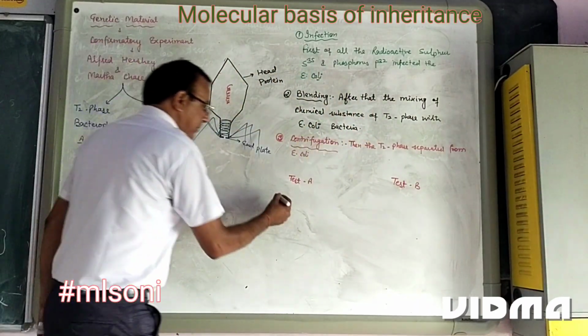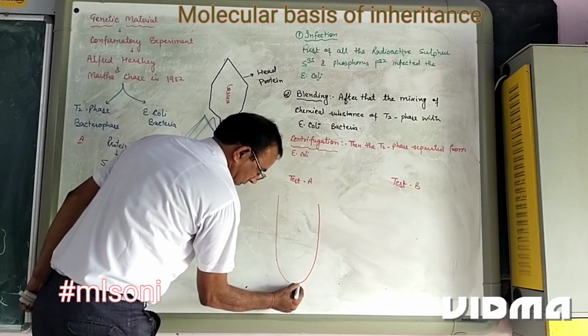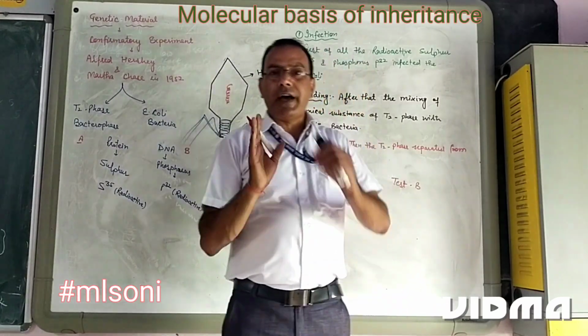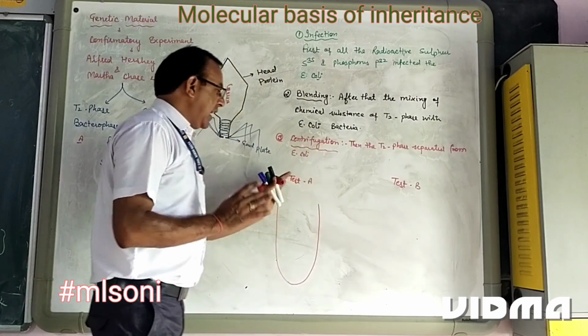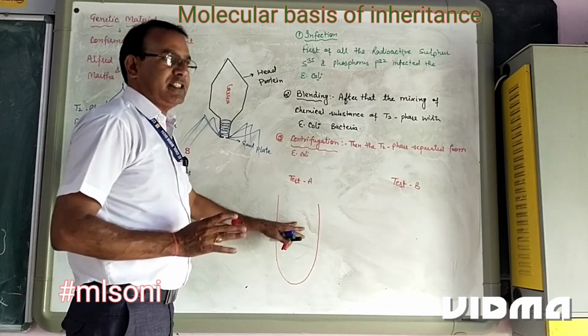In test tube A, as we discussed in the +1 class, viruses are lighter than bacteria. So two separate substances are collected in this test tube.